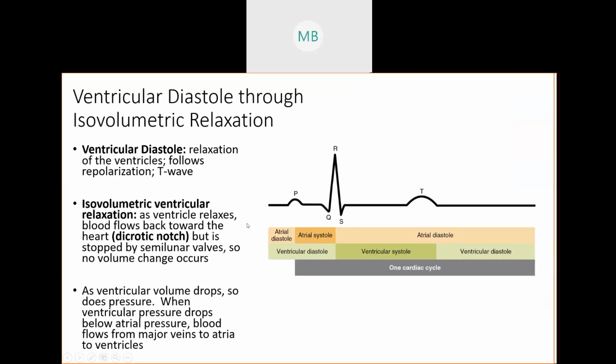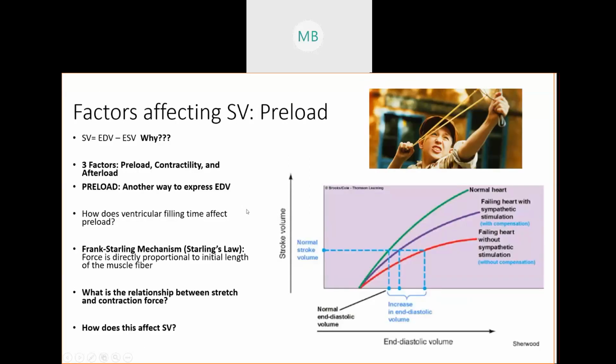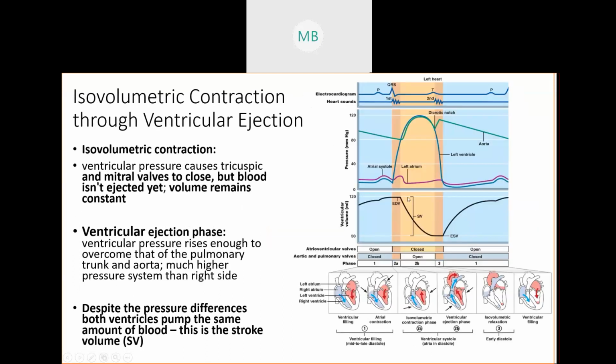If we're going to try to figure out how to calculate all of this, we need to understand why this is important, right? We care about stroke volume because this is how efficient your heart is. We know that your stroke volume is the total amount of blood, diastolic volume is the amount of blood that was filling your ventricles, and systolic volume is the amount of blood left in your ventricles after your heart beats.